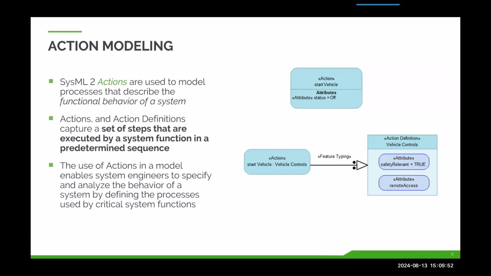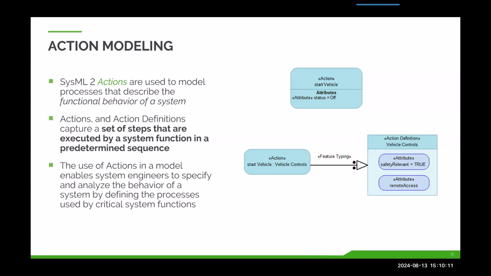Actions are used to model system processes that describe the functional behavior of the system. That's the key aspect, really. There are a set of steps that are executed by a system function in a predetermined sequence.